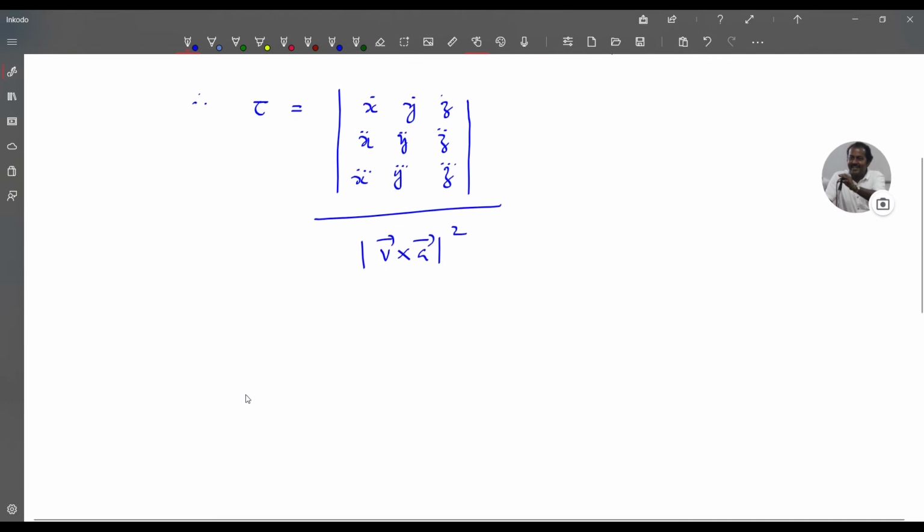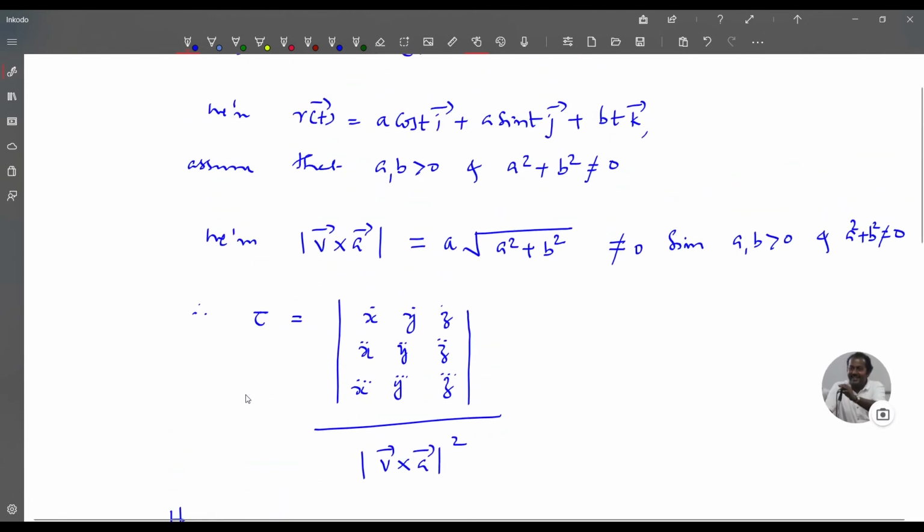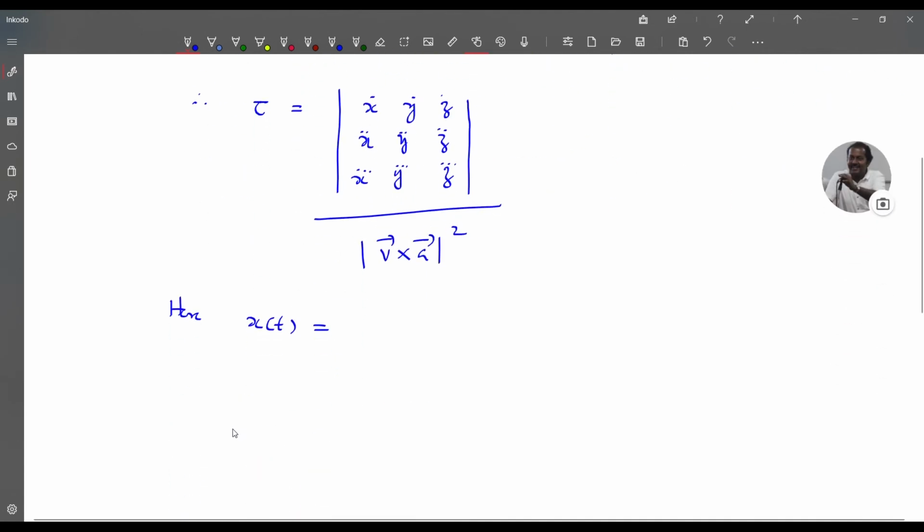So here x of t is a cos t, y of t is a sin t, and z of t is bt.